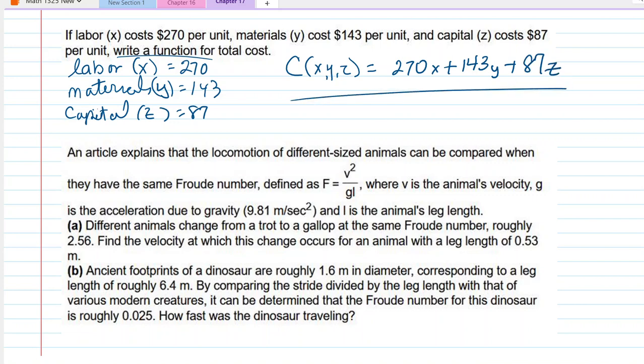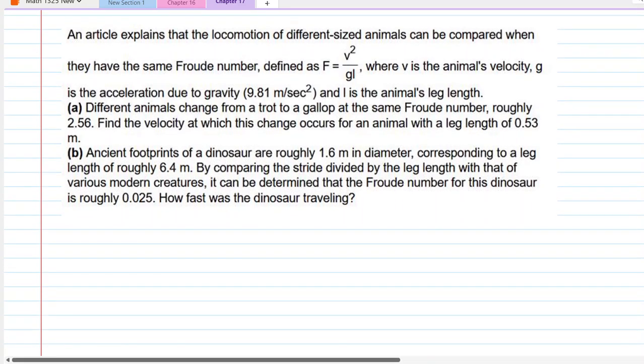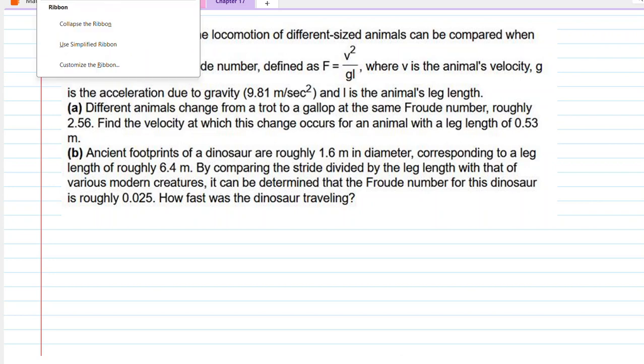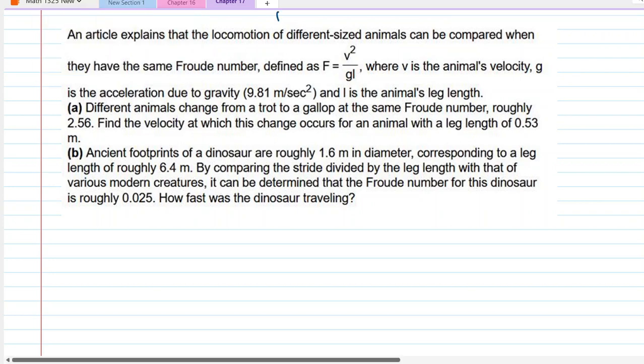All right. And our last is a substitution, and I just found it interesting. So that's my fault that you have this one, but it's pretty interesting. It says an article explains the locomotion of different sized animals that can be compared if they have the same Froude number, defined as F equals velocity squared over gravity times the leg length.